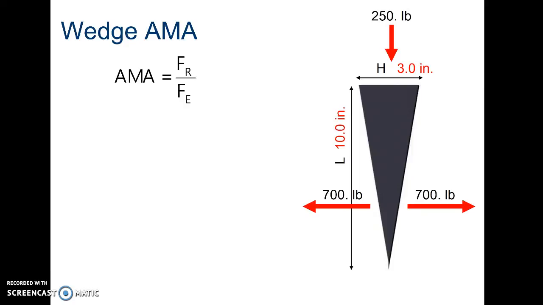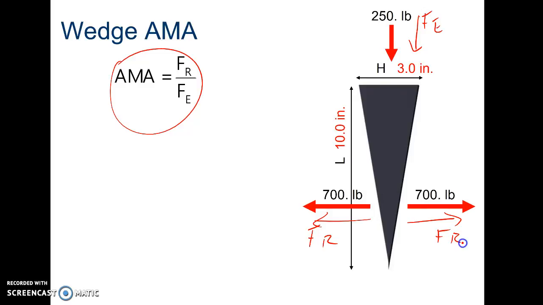Okay, and when we talk about the AMA, it's still FR over FE. We just have to define what the FR and the FE are, right? So we said that the FE is going to be at the top of the wedge. So think about that hammer that's hitting that wedge into the piece of wood, right? The effort force is being applied at the top, and the resistance force is on the sides of the inclined planes, right? So that would be here.